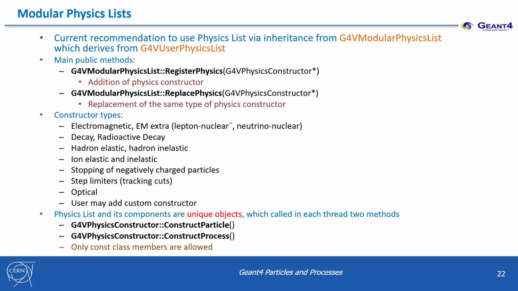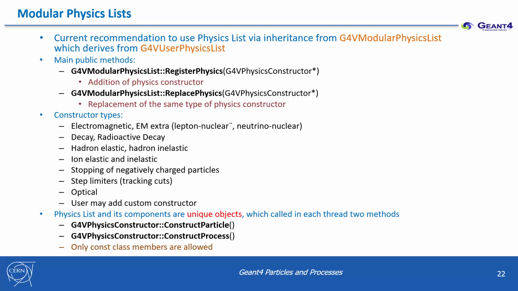And even if by default you have your physics list, a modular physics list class, after instantiation of the physics list you may call register physics and add the existing radioactive decay physics. Radioactive decay physics itself is quite a simple constructor.